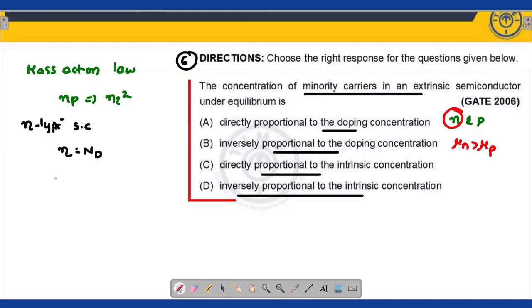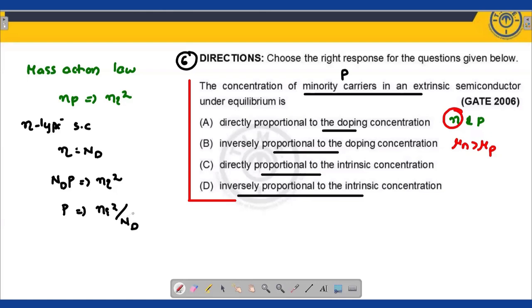So here, Nd into P is equal to Ni square. Now, minority carriers means this is nothing but P. P is equal to Ni square divided by Nd. So what is happening here, my dear friends?